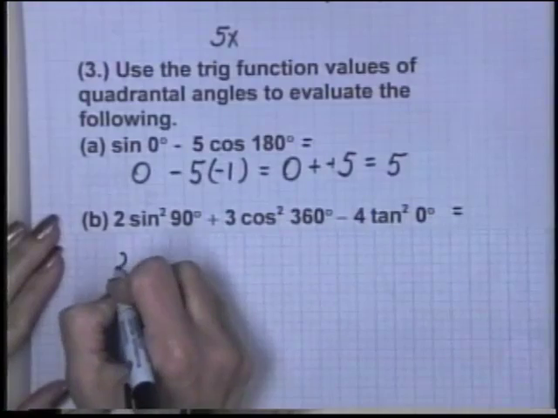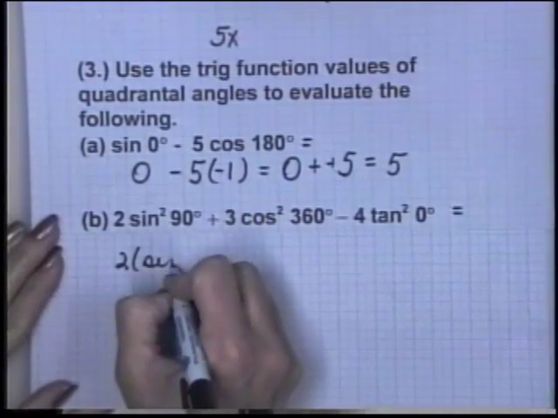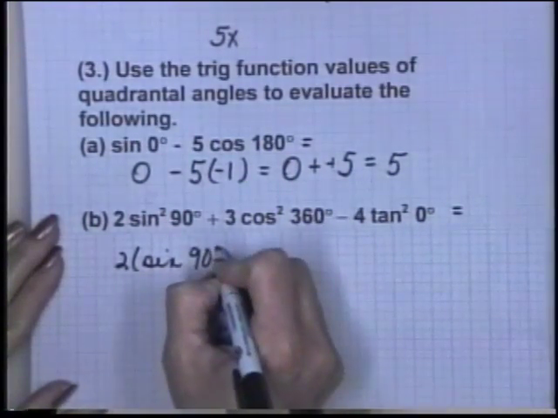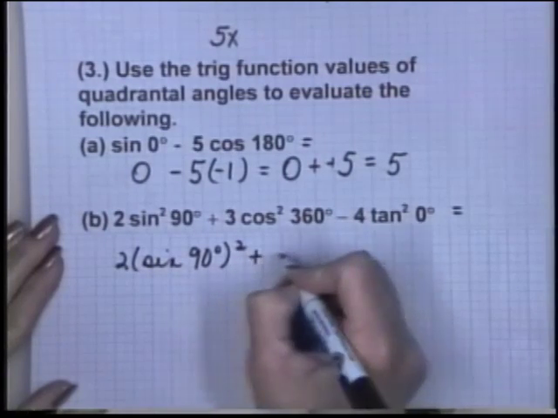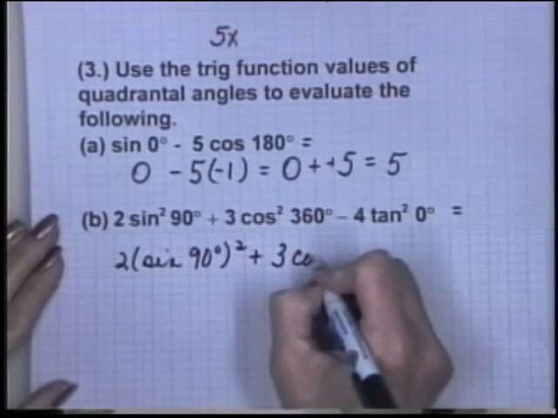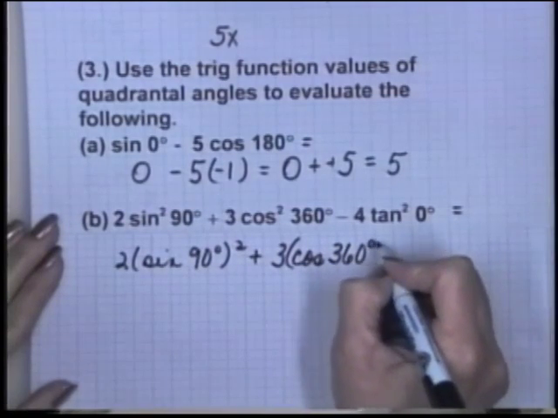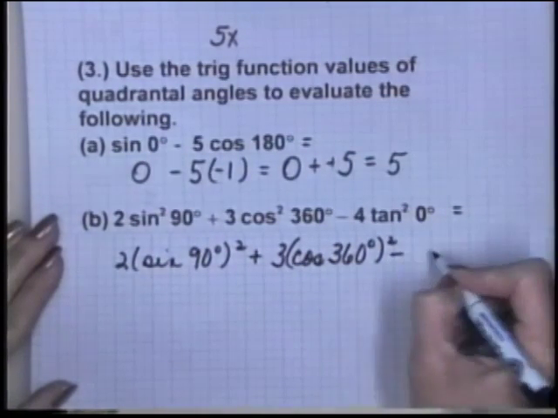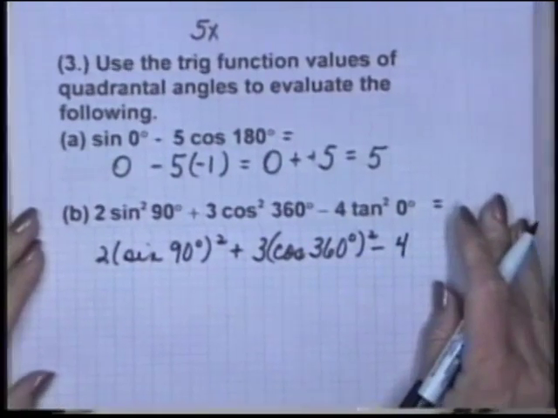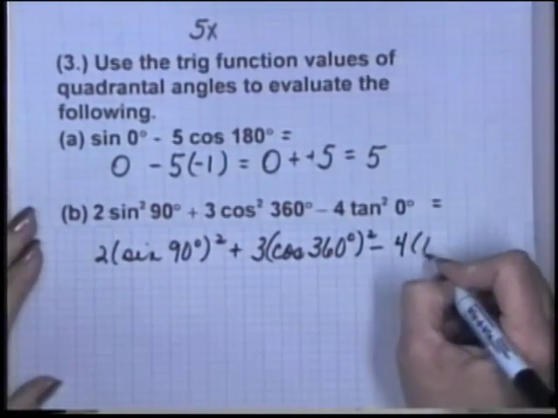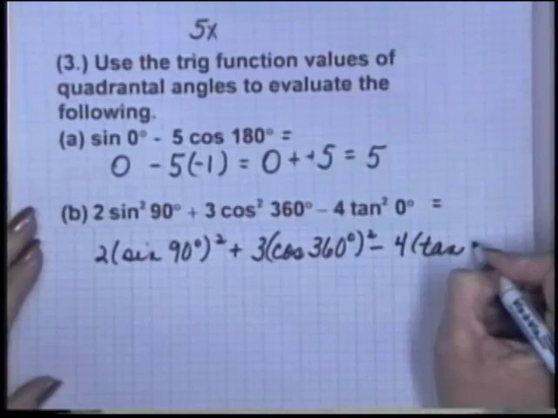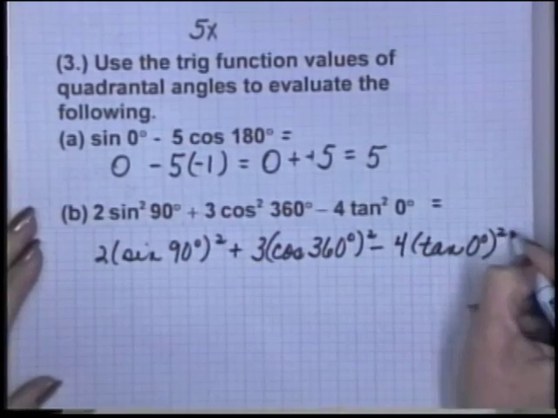This would be 2 times the sine of 90 degrees squared plus 3 times the cosine of 360 degrees squared minus 4 times the tangent of 0 degrees squared.